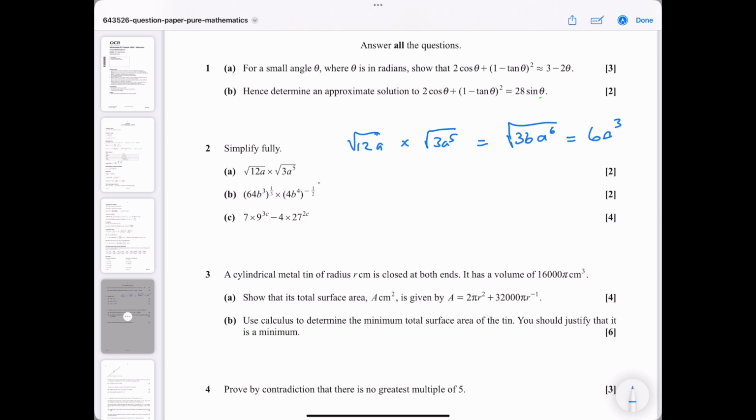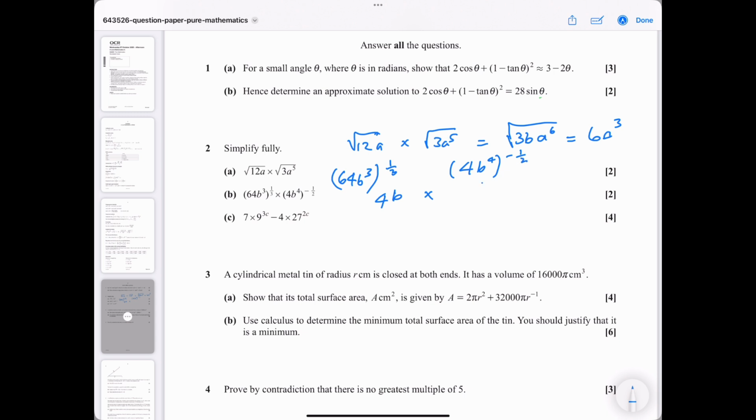Now the next one is the cube root of 64b to the 3, which works out as 64 to the one third is going to be 4, and b to the 3 to the one third is going to be b. Okay, now we're going to times that by 4b to the 4 to the minus a half.